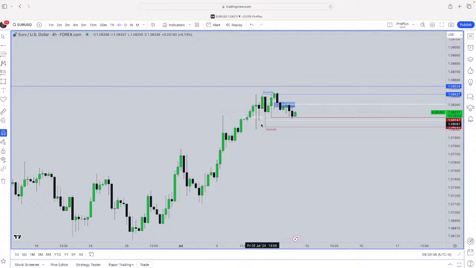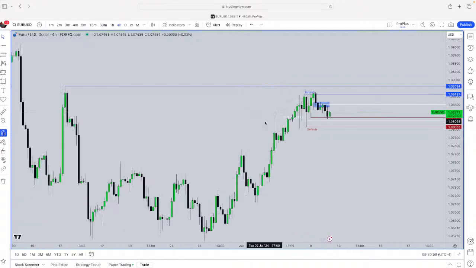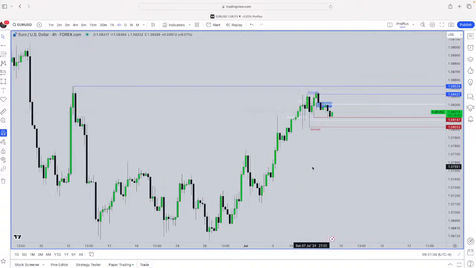So the market may want to take them out first before then taking out highs here. Because what the market is designed to do is just to take people out of the market. Let's take liquidity. So they've got liquidity down here. That's all their sell stops. Take them out. And then people have sold here trying to catch the top. They're going to get taken out there. That could potentially happen.